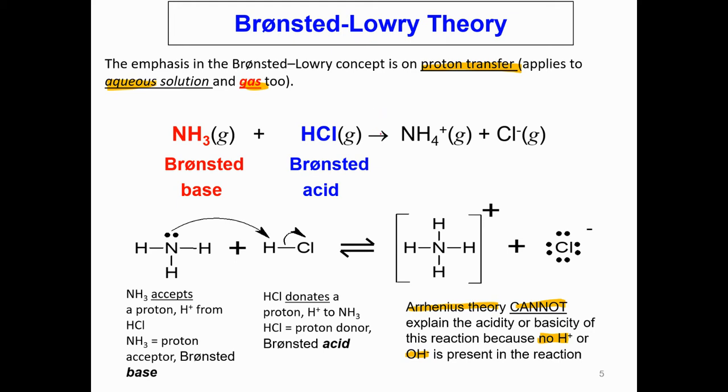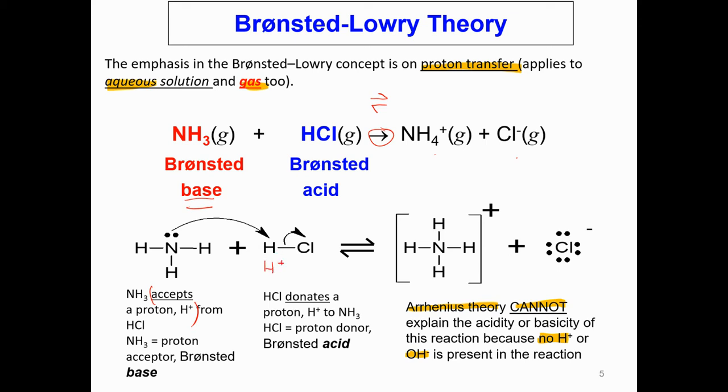And for this arrow, we use a reversible arrow because these two species will react again to produce ammonia and HCl. Now let's look at what defines them as acid or base. A Bronsted base will accept a proton. How does it accept a proton?